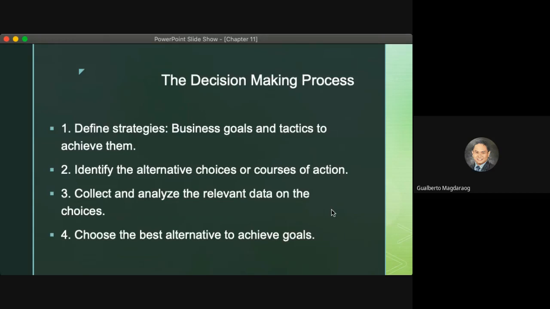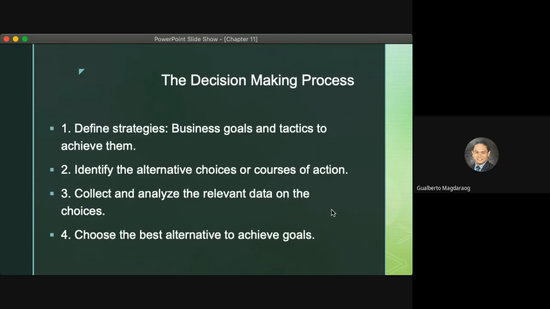Kaya, because you are not able to consider all the relevant information that you need. Kaya, it is better to do it scientifically or following a certain process so that wala kang maiwanang relevant information that is needed para ang makuha mong decision is yung tamang decision. Okay?